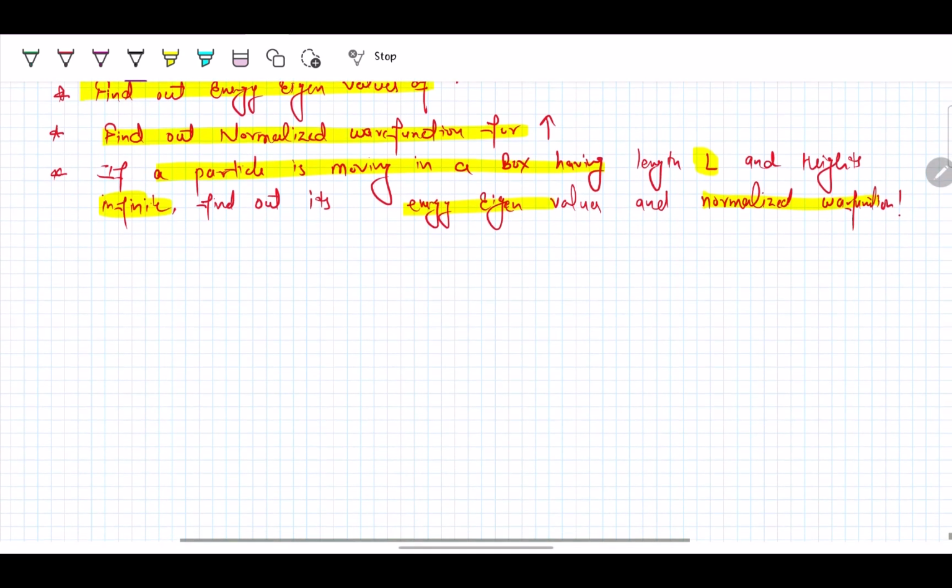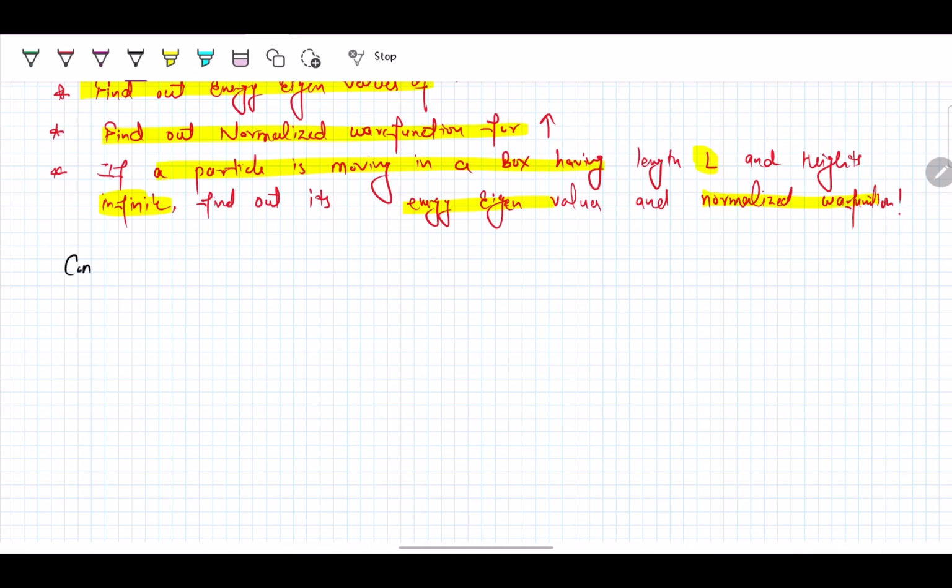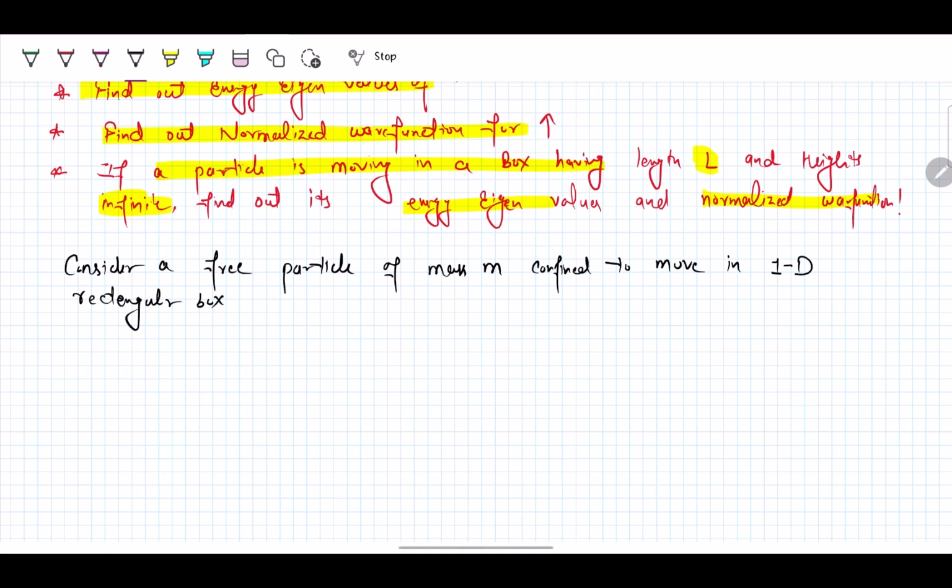So what we need to do is consider a free particle of mass m confined to move in a one dimensional rectangular box or square box, right, of height infinite, okay, and length capital L. Okay, so this is what we are considering.